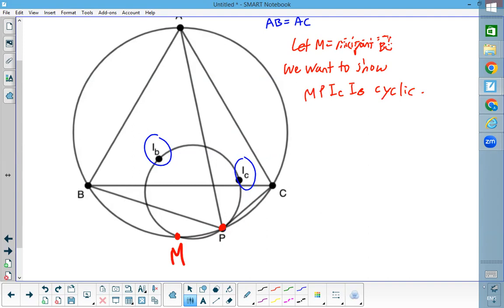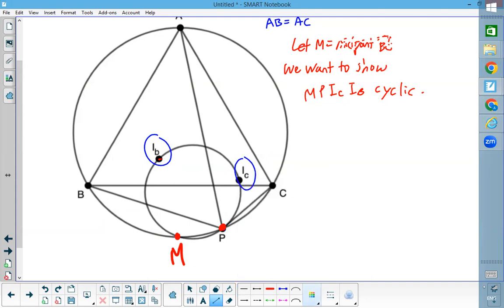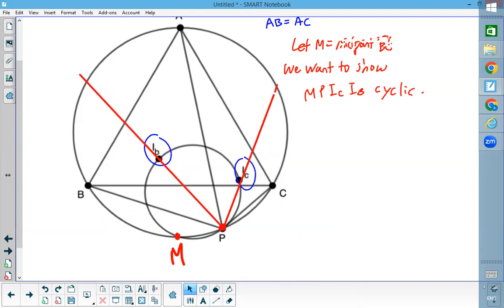Well, remember what we said earlier. Here we have a circumcircle, and we have the incenter. What do we do? Same thing: draw the angle bisector all the way to the circumcircle. So we draw two lines in this setup. We draw this line here, and this line. Very natural thing to do.